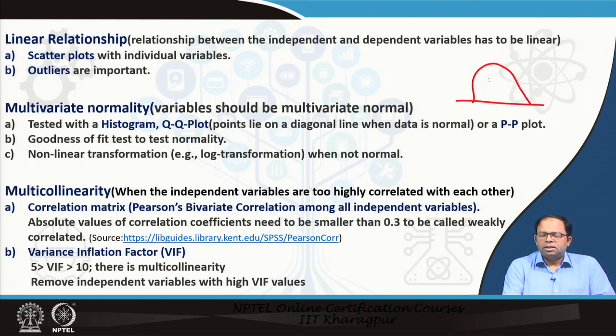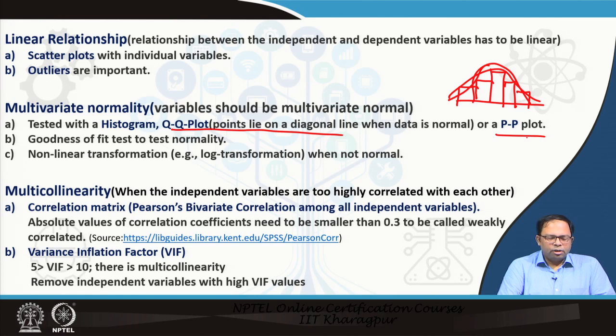As we know, this is a normal distribution, and when we do the histogram, it should look like that. Or we can do a QQ plot, and in that QQ plot, if the points lie on a diagonal line, then the data is normal. Or we can do a PP plot, which is a probability plot.